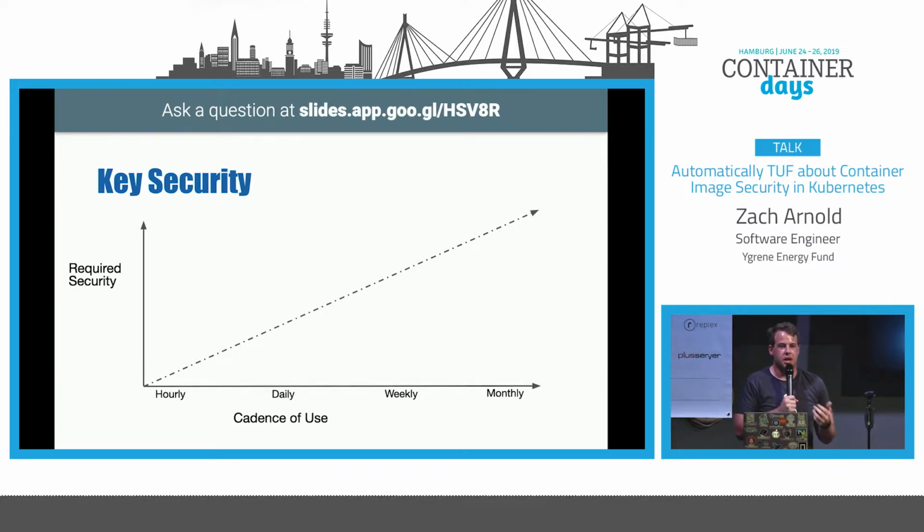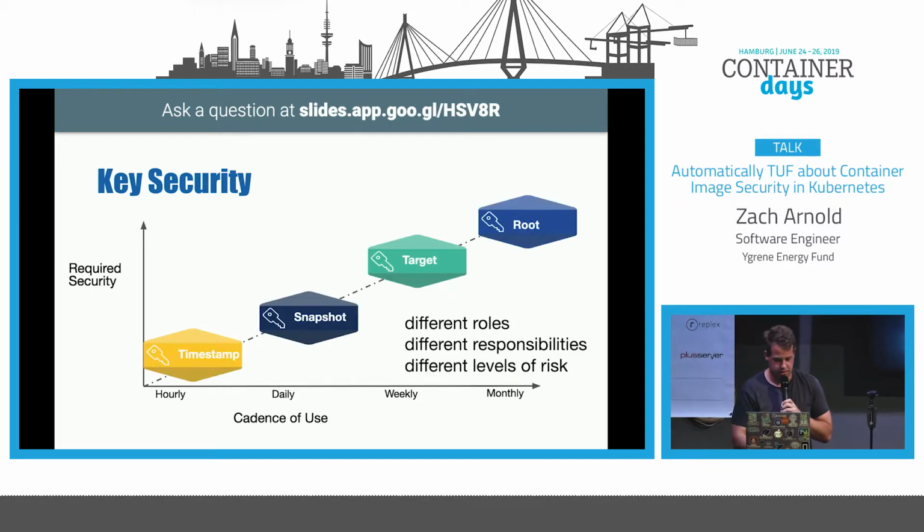Whenever possible, the root key should be in a USB drive, a YubiKey, or some other hardware security module, preferably not accessible via the internet, because that thing provides the ability to change and rotate and sign anything inside of your organization. And you could look at it like this. Because they have different roles, they have different responsibilities and different levels of risk. Everybody good so far? Cool.